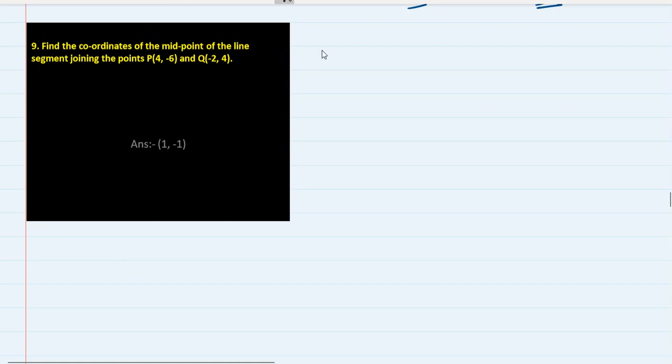Midpoint formula. The first question is find the coordinates of the midpoint of the line segments joining point P. So I'm not going to draw anything because it's straightforward formula. Point P is one of the endpoints, 4 comma minus 6, and point Q is minus 2 comma 4, and you have to find the midpoint of line joining PQ.